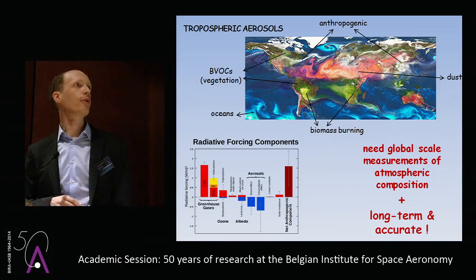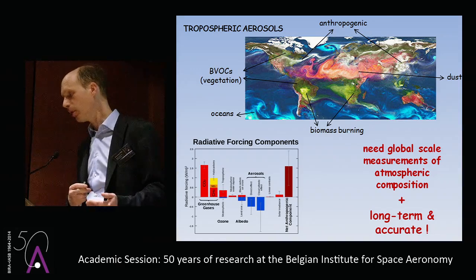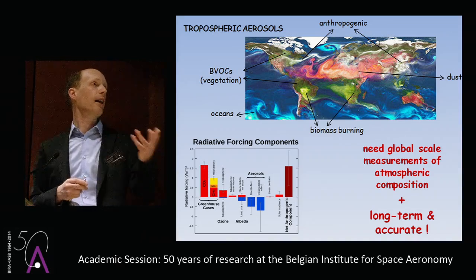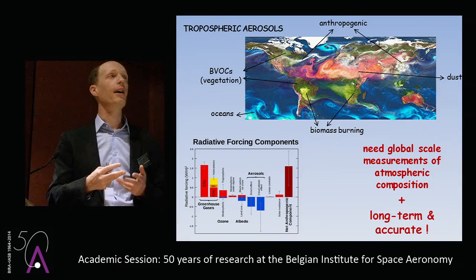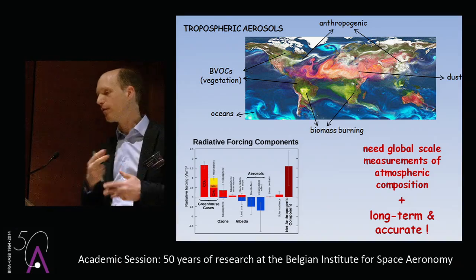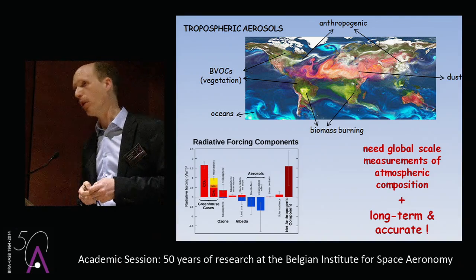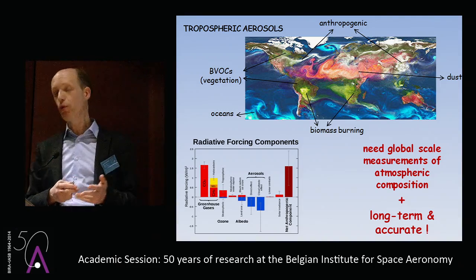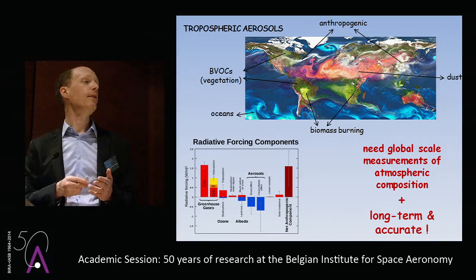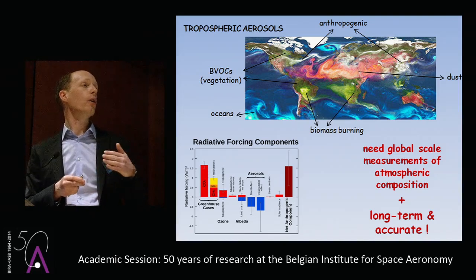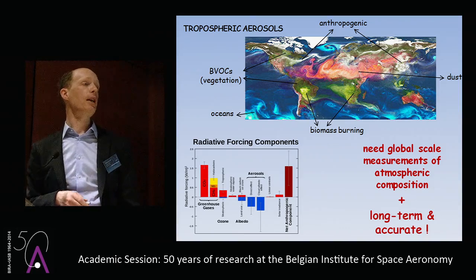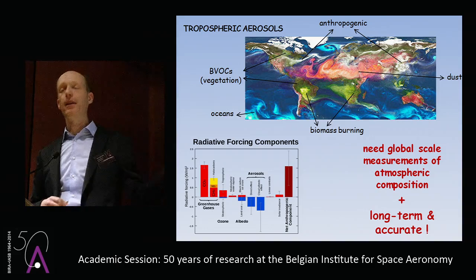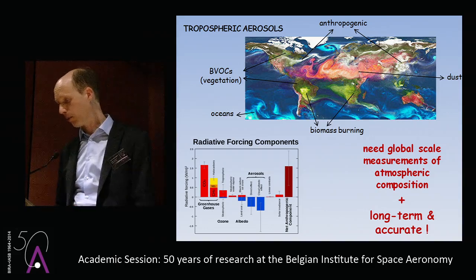platform for doing that, but we have to remember that each time you send a satellite in orbit, you have to verify that your retrieval of chemical compounds is correct, because that's a relatively new science, and we have to validate and also to look at the long-term time series in order to see how, for example, CO2 and methane evolve over very long periods.